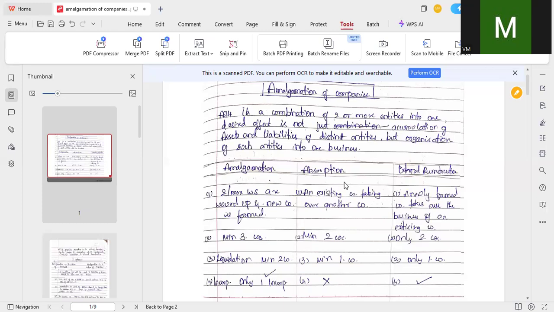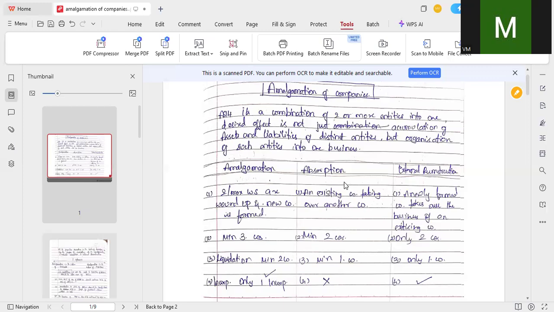In school days or in college days, we have come across the words merger, amalgamation, absorption, consolidation, and all those things. So now, accounting standard 14 says amalgamation. Just imagine you have two different companies, like my company and your company. We two companies consolidate or go into liquidation to form one new company, where my company and your company realize the assets and liabilities fully.